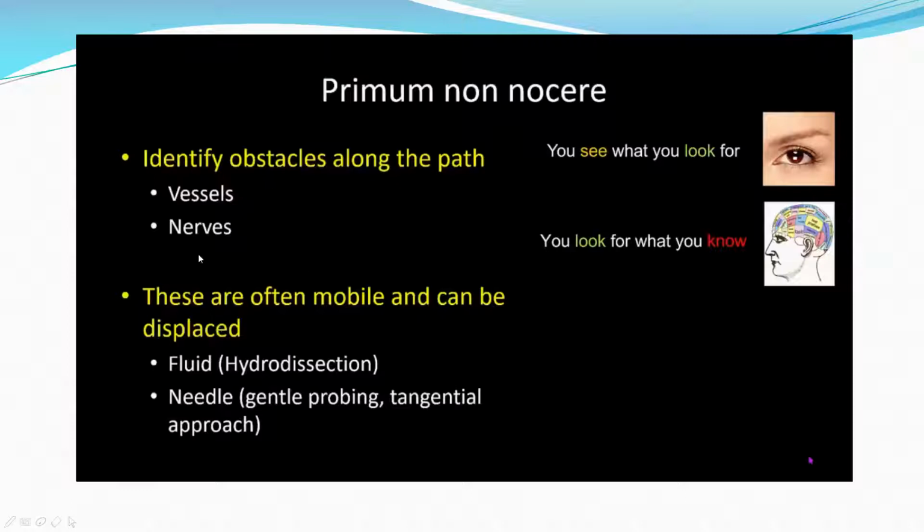And these structures can be displaced from the path by fluid, doing hydrodissection, giving a little amount of 5% dextrose or giving the drug itself, so that it will displace the structure in the path away from the pathway, and then we can further guide our needle towards the target. Or we can do gentle tangential needling of the nerves lying in the pathway, and then the nerve will roll away from the path.